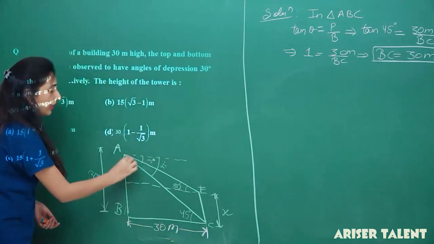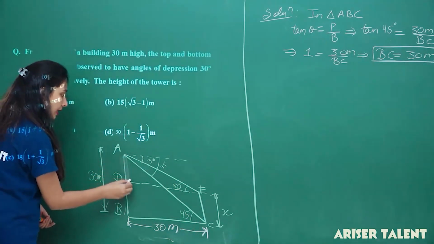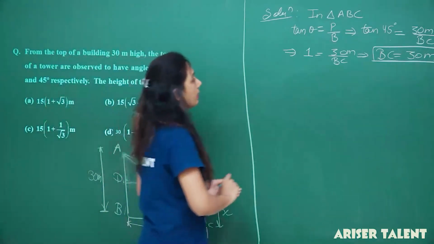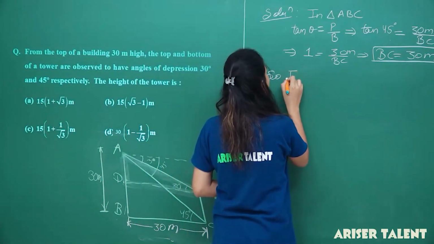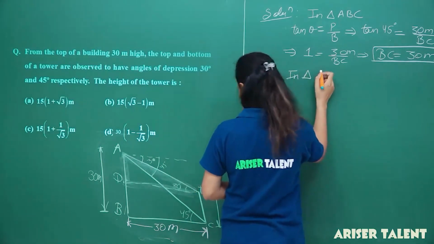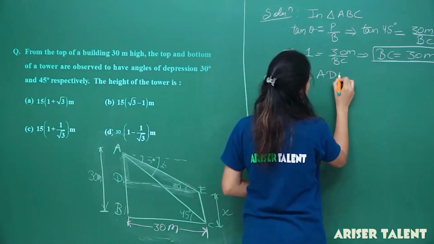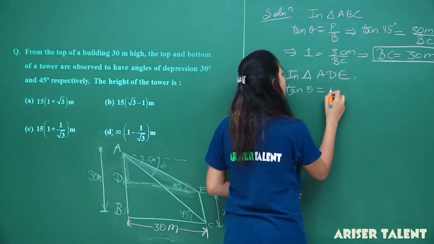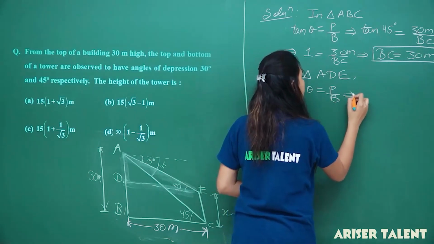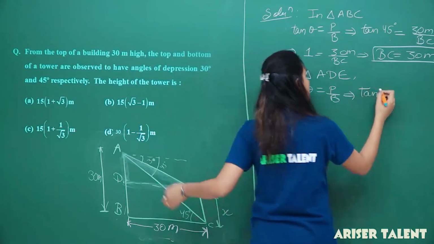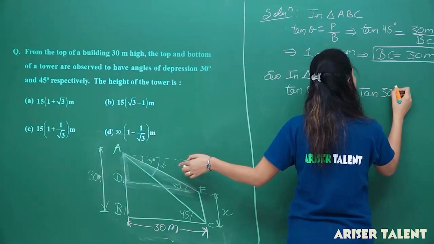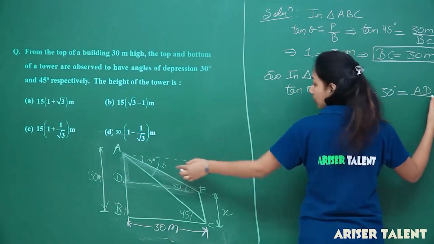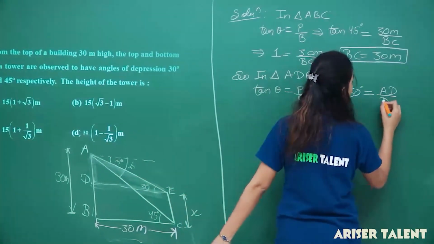Now we'll take this triangle ADE. In this triangle, again tan theta equals P by B. The angle in this triangle is 30 degrees, P is AD and the base is DE.